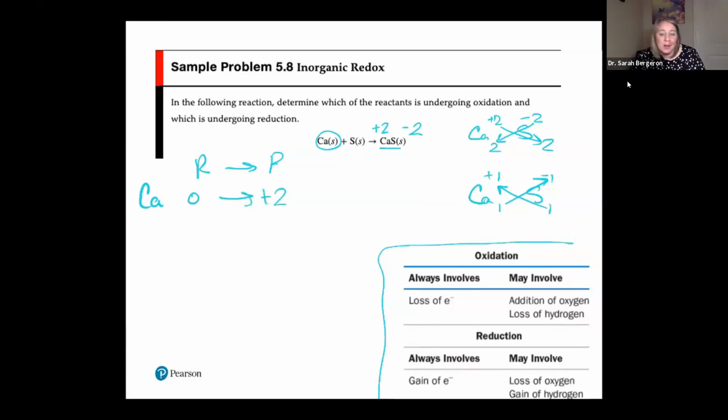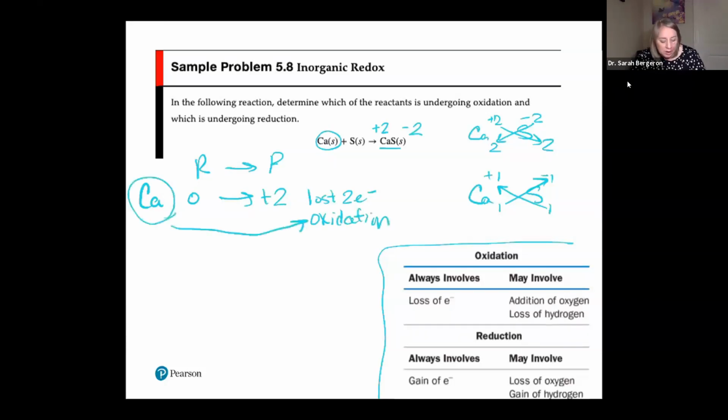Now, remember your OIL RIG or check your little box at the bottom. What's happening here? I got a +2 charge because I lost 2 electrons. If I'm going to lose electrons, this is oxidation, right? So calcium is undergoing oxidation.